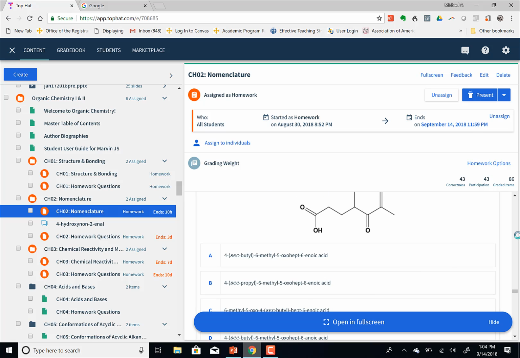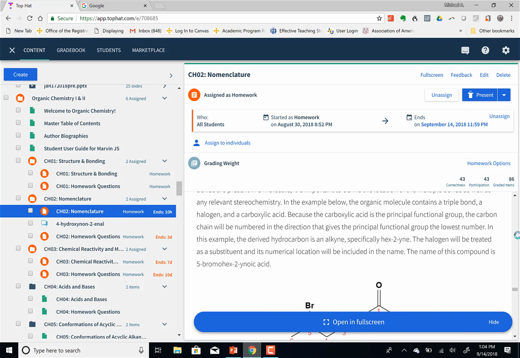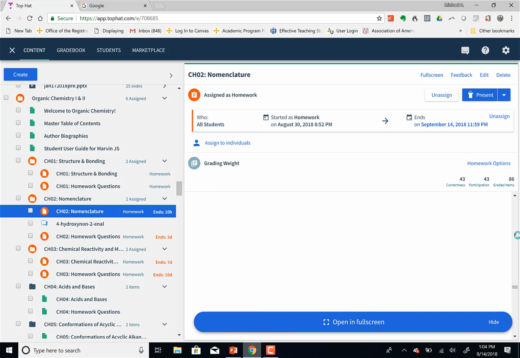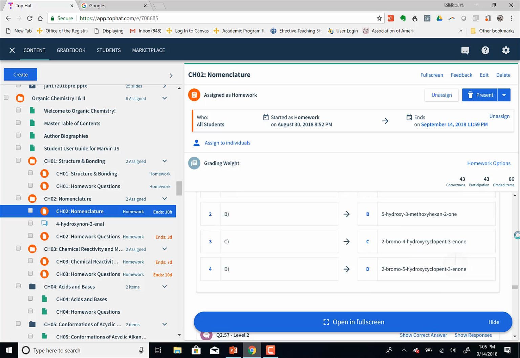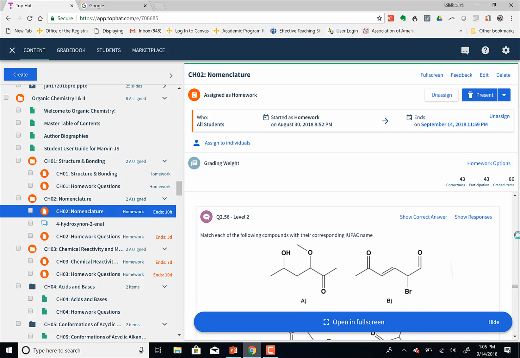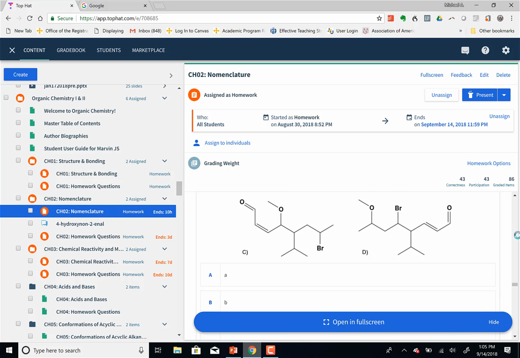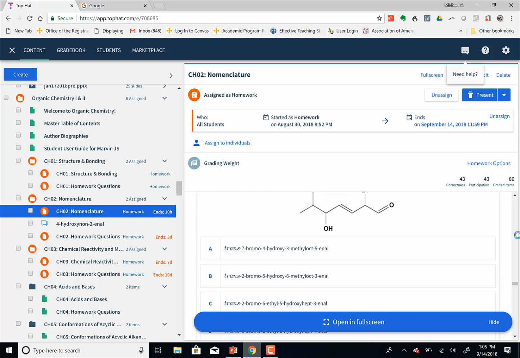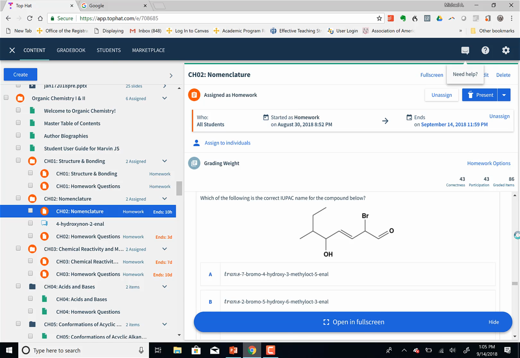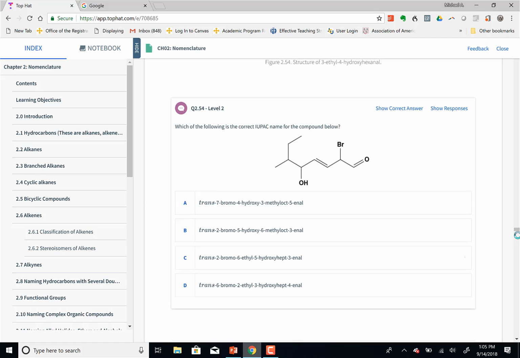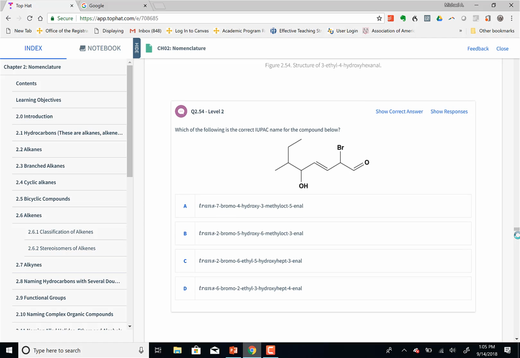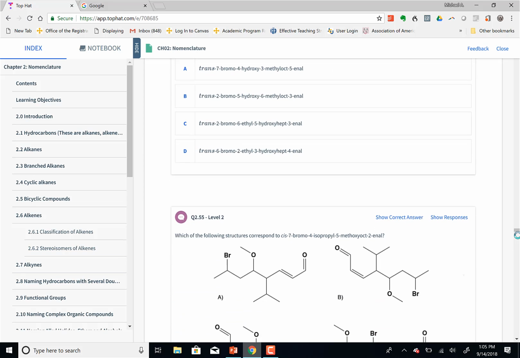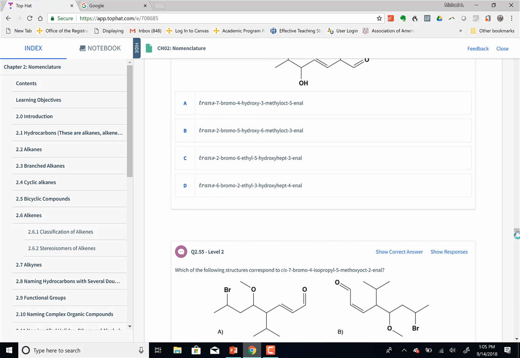All right, so this is 56? 54. Okay. Yeah, it's an aldehyde. It's not a carboxylic acid. The one that was 54 on the thing, the answer was like 4-sec-butyl.